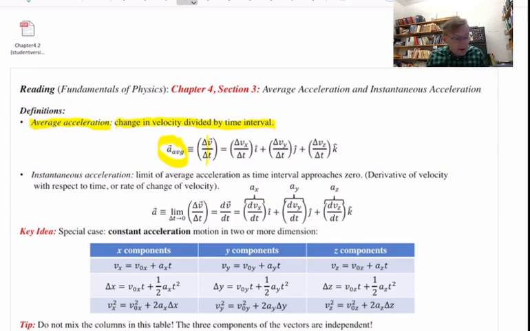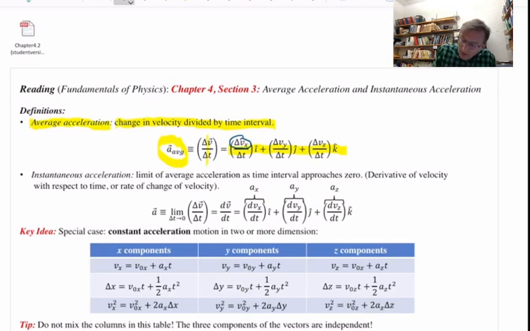So what you really have to do to find A average now is look at the expression I have after the equal sign on the right. You have to find the change in the X component of the velocity, delta V sub X, and divide that by delta T and multiply by I hat.